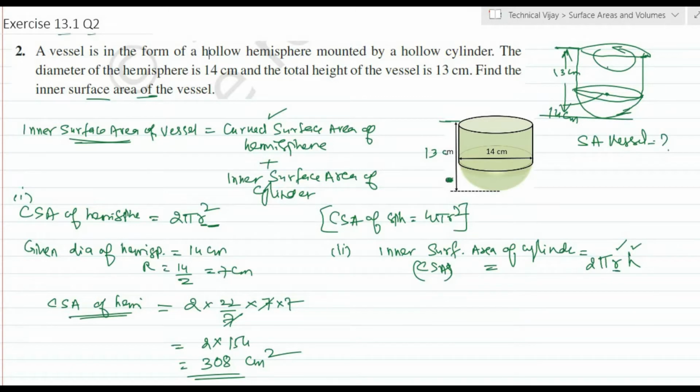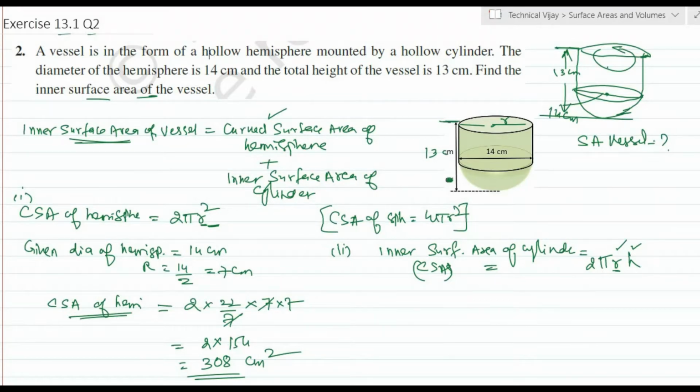R is the radius, here this radius. The total will be 14 centimeter as given, that is the diameter of the hemisphere, and the diameter of the cylinder, both are same. So radius is equal to 7 centimeter, as we have seen. Now the height we have to calculate.